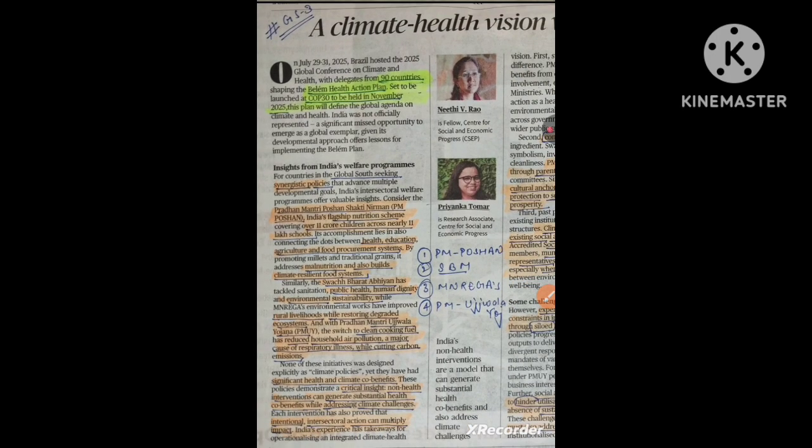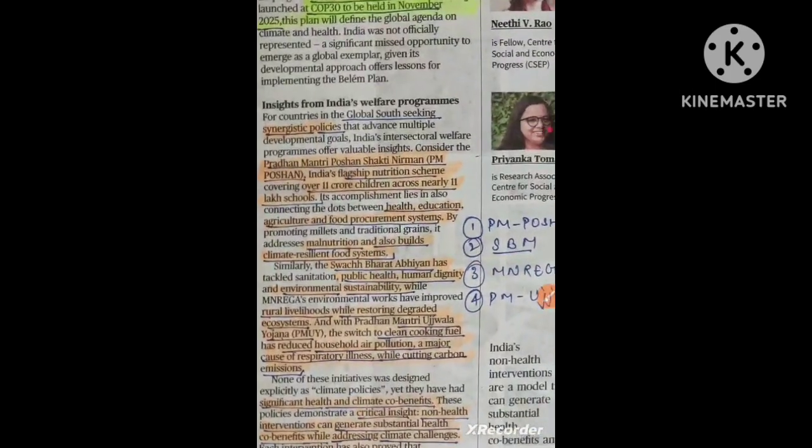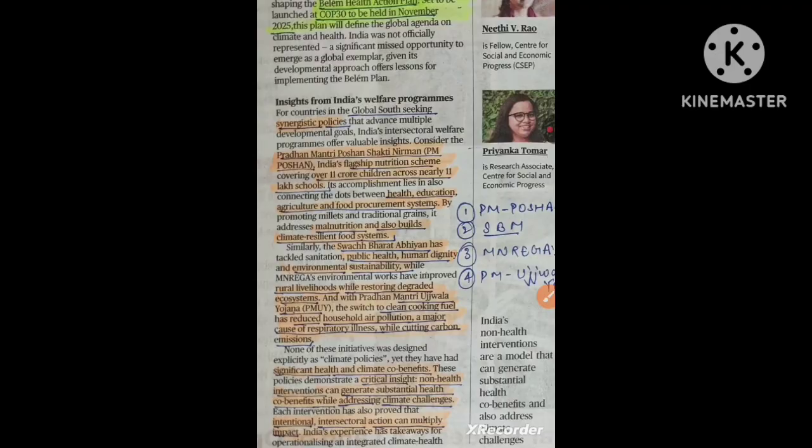This article is a perfect example of how we can use one scheme as an example for the other paper. We can use PM Poshan, a flagship nutrition scheme, and how we are giving millets to children, and how millets are important to fight climate change, which is again in the GS3 paper. I hope you're getting my point.